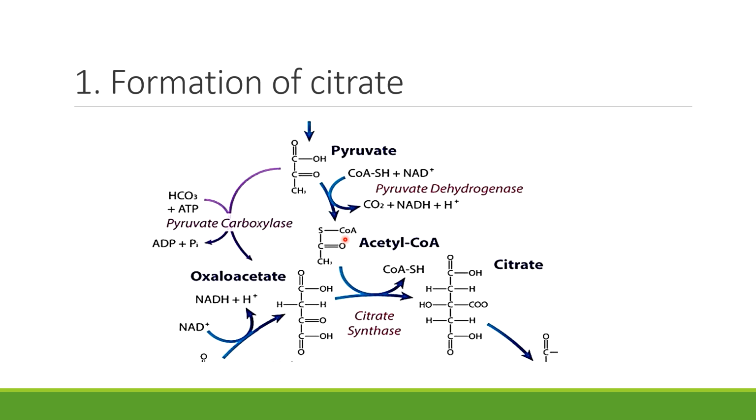You can see that coenzyme A is released from the acetyl-CoA, while these two condense to result in the formation of the citrate molecule, the first tricarboxylic acid molecule to be produced in the citric acid cycle.